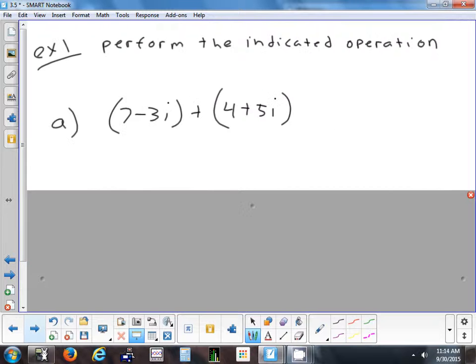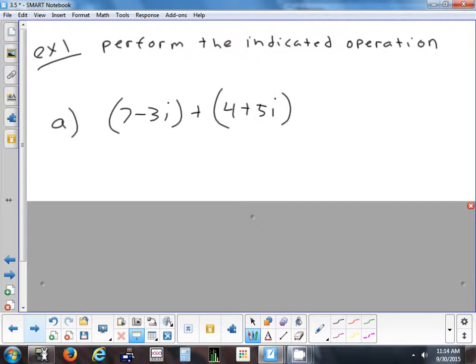All right. So let's try adding these up. To add complex numbers, you combine like terms.